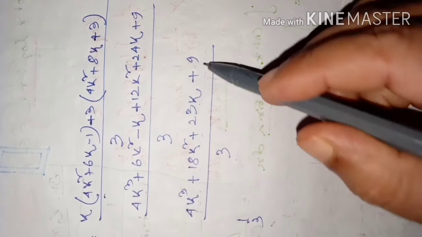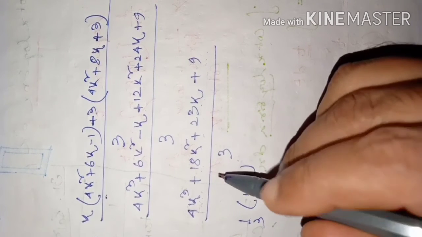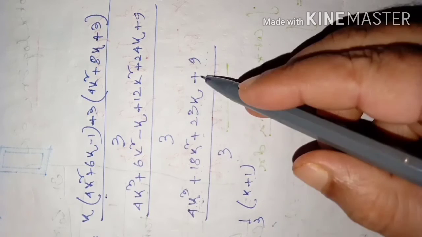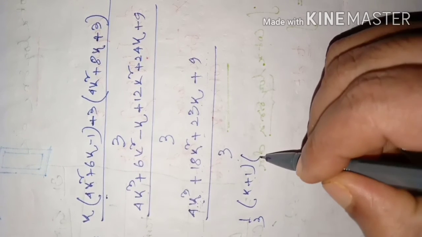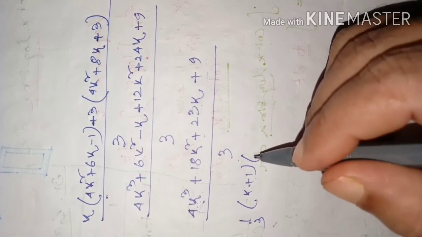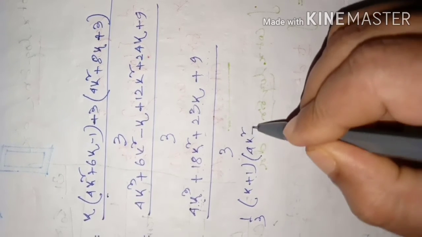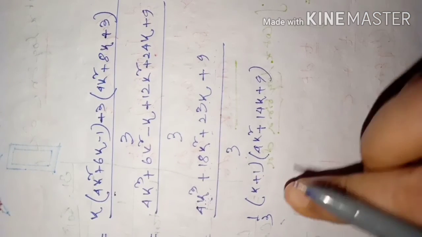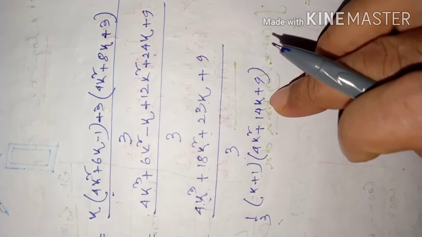If minus 1 is a zero of this polynomial, we can say k plus 1 is a factor of this. If we take k plus 1 as a factor, then the other factor will be 4k square plus 14k plus 9. Means if you divide this whole thing by k plus 1, this will be the other factor. Clear?